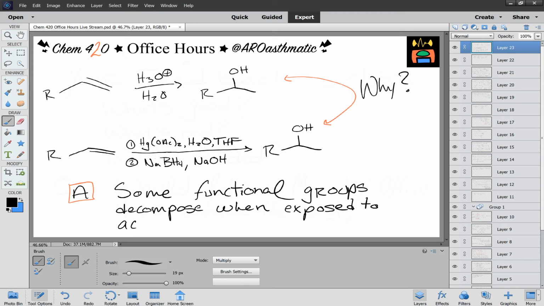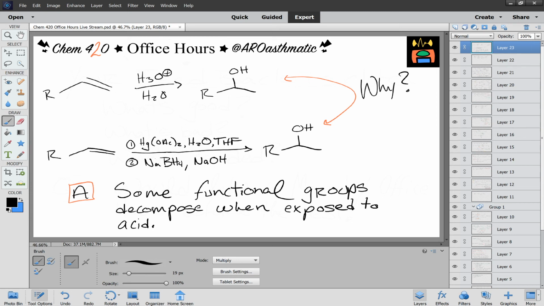So there are some compounds that will decompose or rearrange, that you will not be able to use the first set of conditions on. So oxymercuration will be your only recourse. That's one reason.